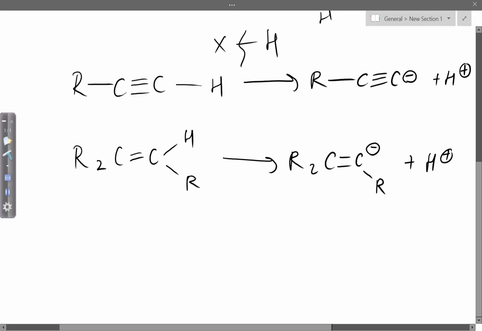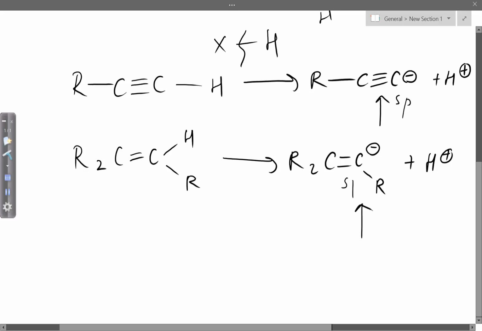So he's talking about breaking this bond, not that bond. This bond is easier to break, and that bond is harder to break, but this species is more stable than that species, precisely because of the negative charge residing in the sp orbital.